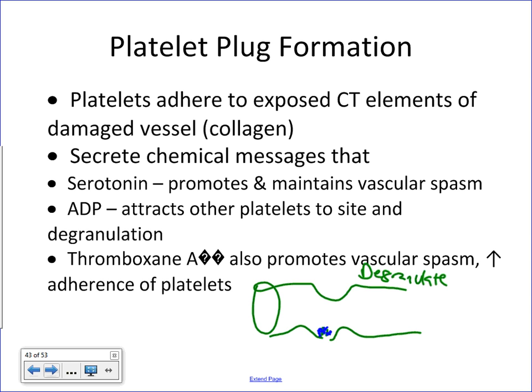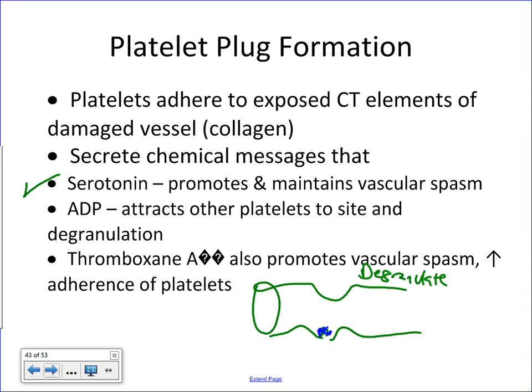And some of those chemicals that are going to be released, one of them is going to be serotonin. Okay, so that name probably sounds familiar if you studied the brain, because serotonin is a neurotransmitter in the brain. That deals with moods and so on, and other functions as well. But most people talk about serotonin in terms of depression and moods.